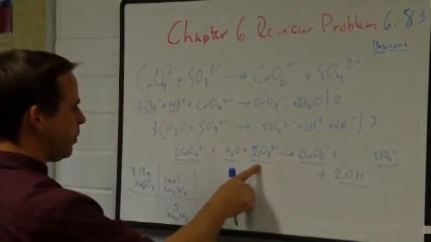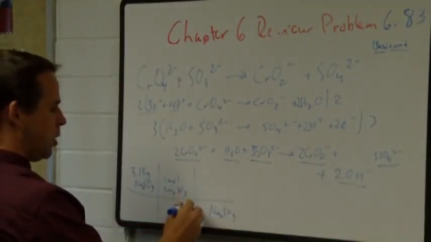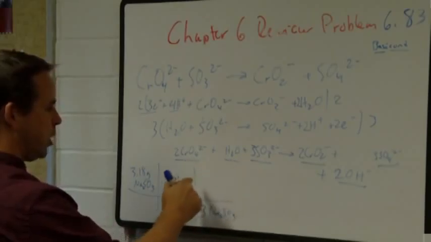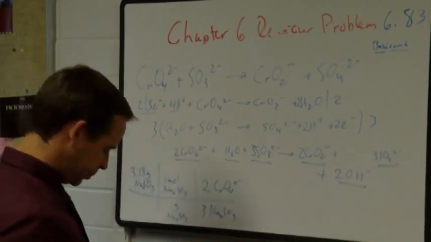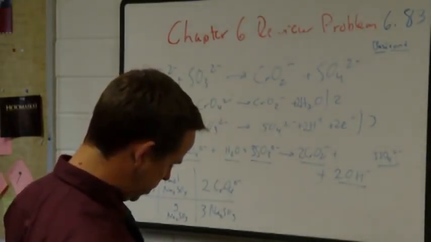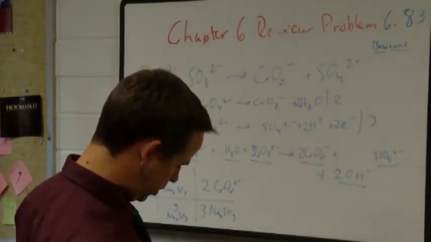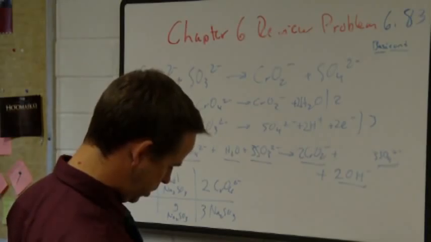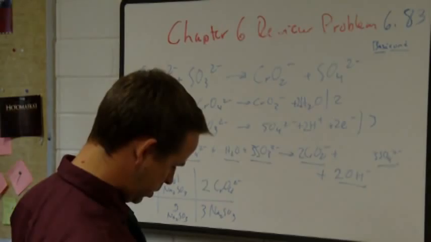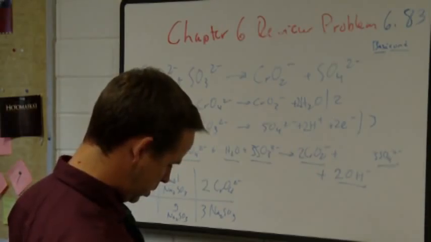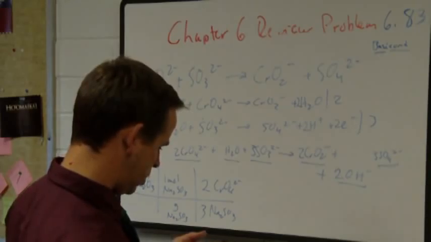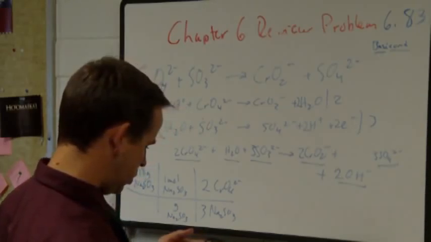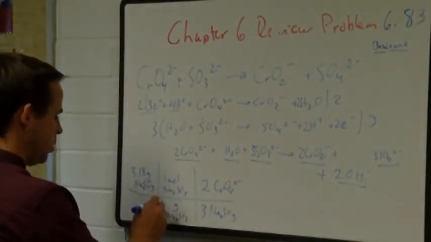And we see up here, here's our equation, that for every 3 moles of sulphite, there were 2 moles of CrO4 2-. Okay, so here's the molar mass, 126.043.